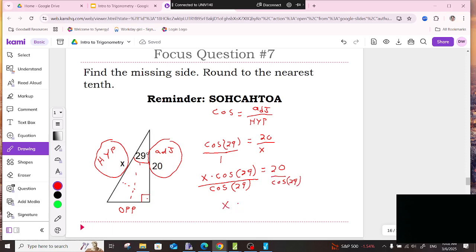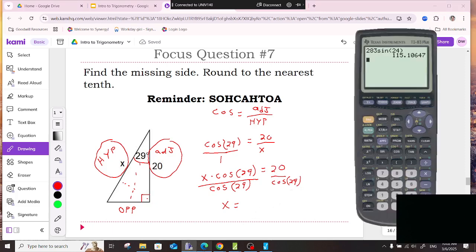So x is equal to what? What is 20 divided by cosine 29?